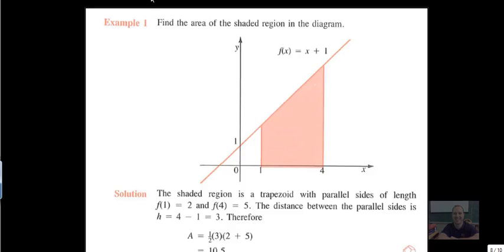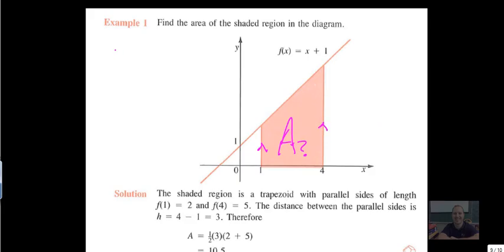The example they give you in the textbook looks like this, and it asks you to find the area of this trapezoid. What we can see is that this is indeed a trapezoid. Now you're thinking, where are the two parallel sides? Well, they aren't on the top and the bottom, but they're here and here.